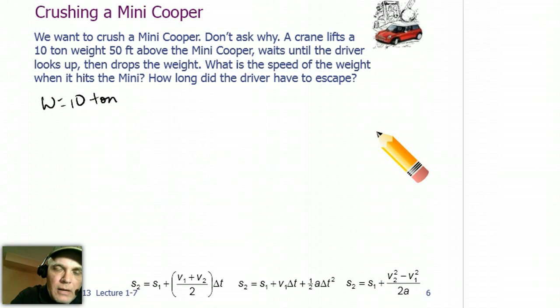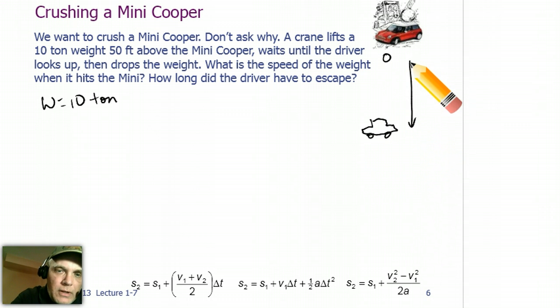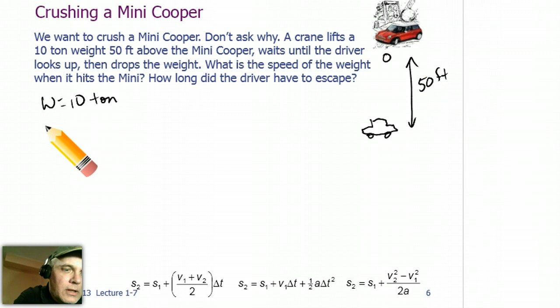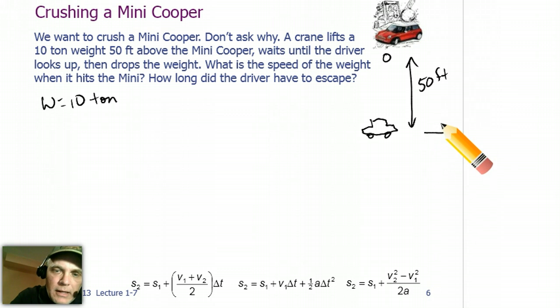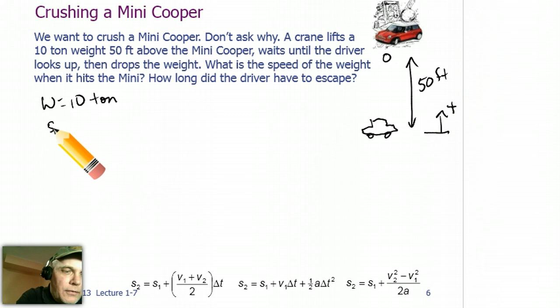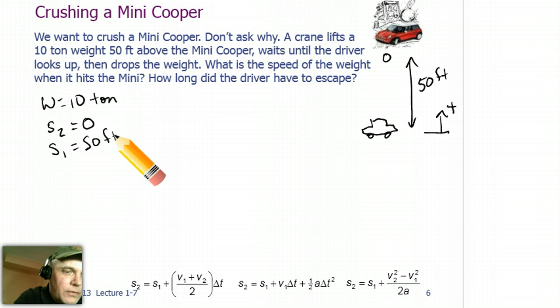I'll draw my picture of the Mini Cooper right there, and we're 50 feet above it with the weight. If I set my datum here going positive up, my final position is when it hits the Mini Cooper, so that'll be 0, and my initial position is 50 feet.